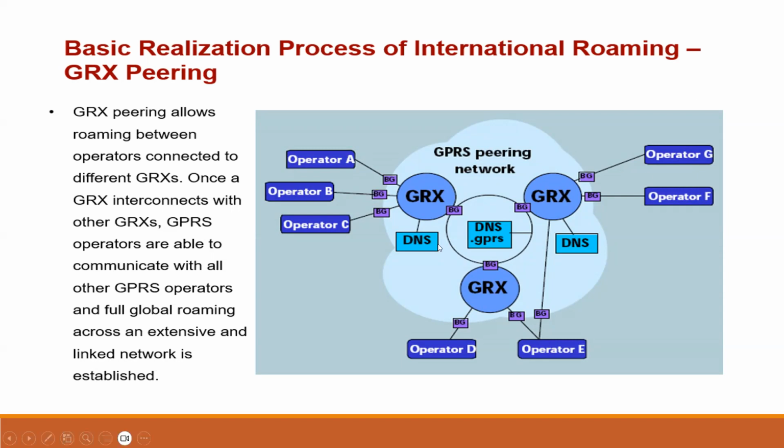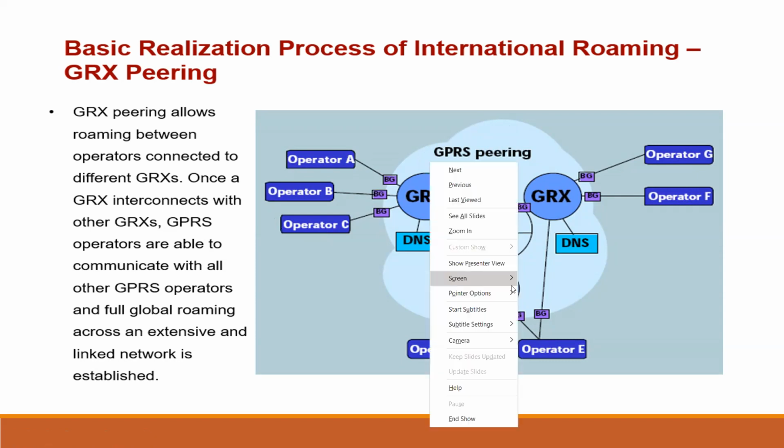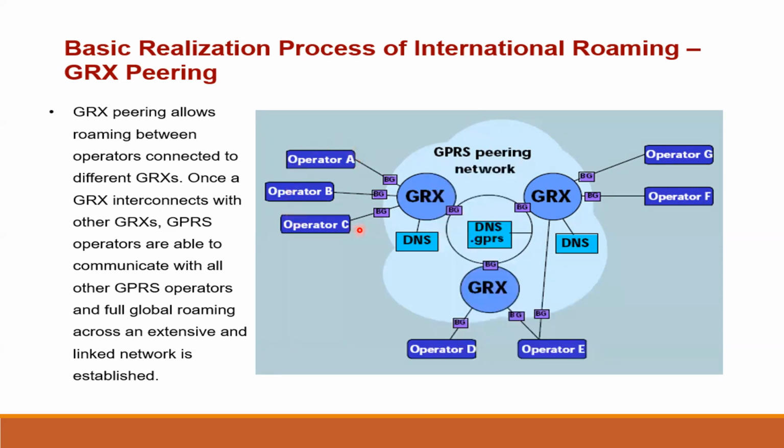Basically, your GRX has international communication links by which different operators are connected to one specific GRX. Different operators are connected to one GRX, and a different operator may be connected to another GRX.